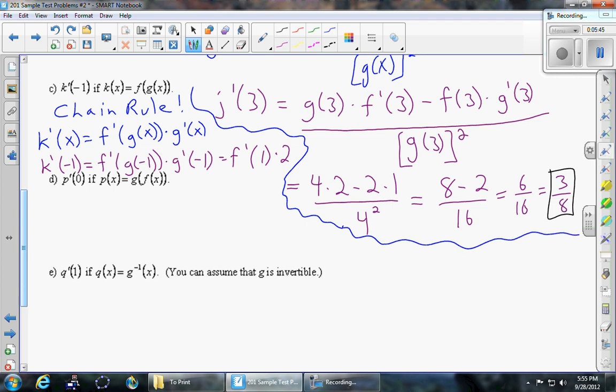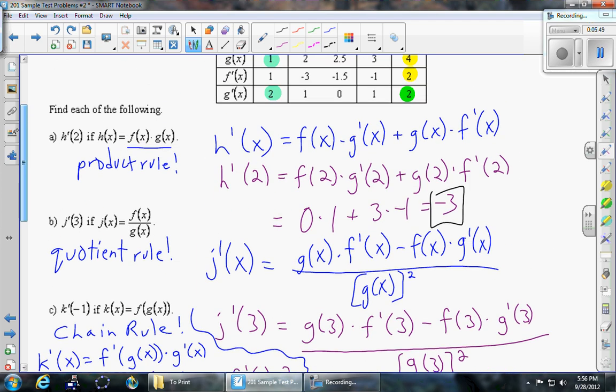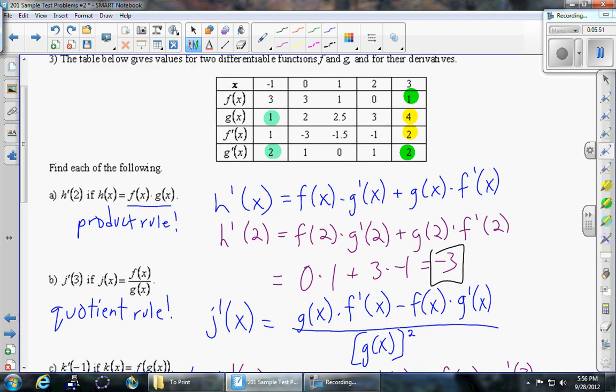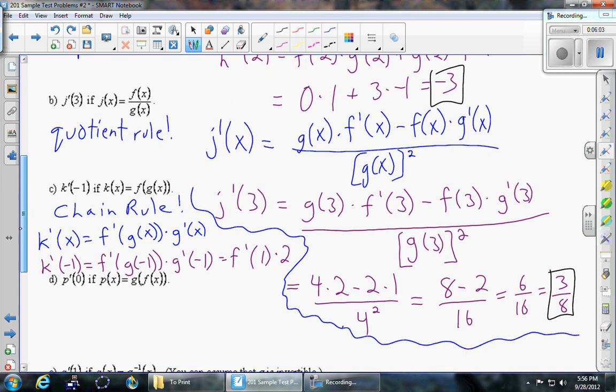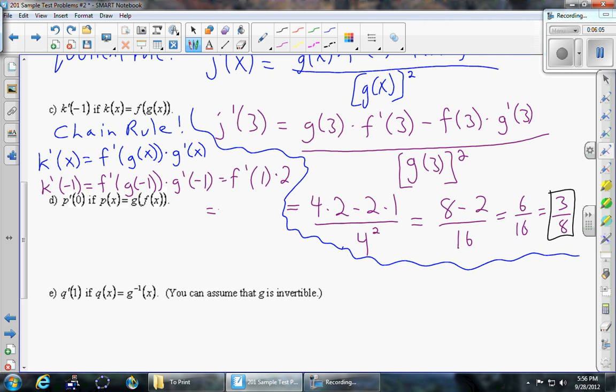And then the only thing left to do is grab f prime of 1. And f prime of 1, I'll highlight this in blue as well. F prime of 1 is right there, -1.5. So this is -1.5 times 2. -3 is our final answer.